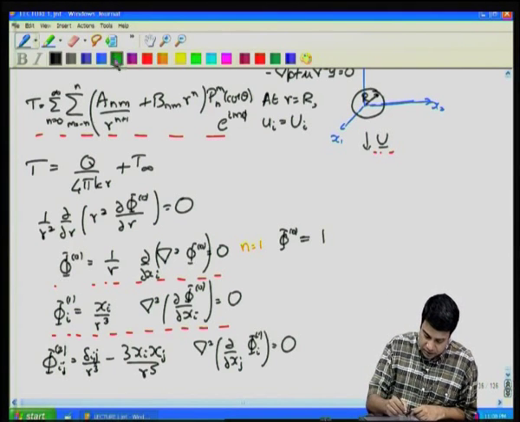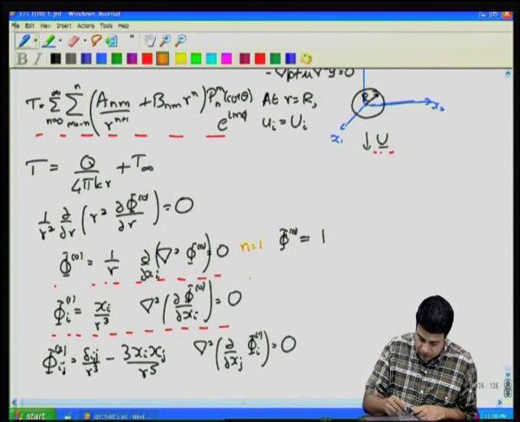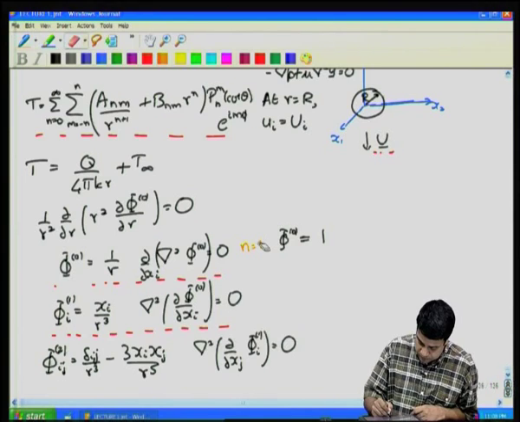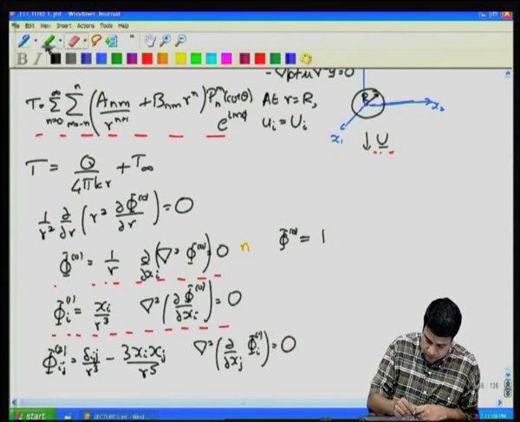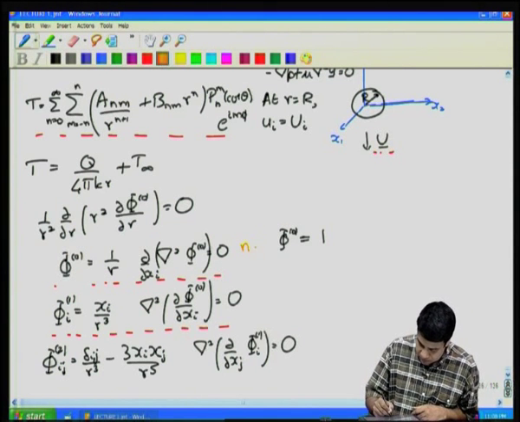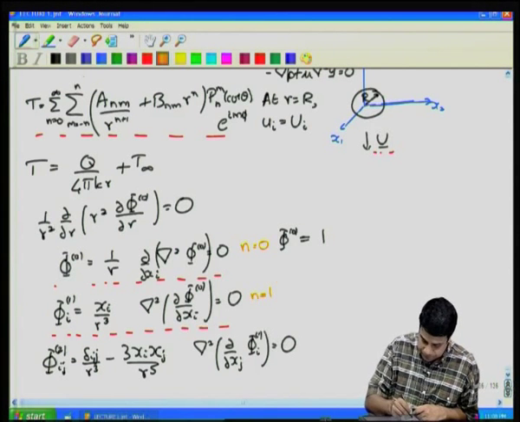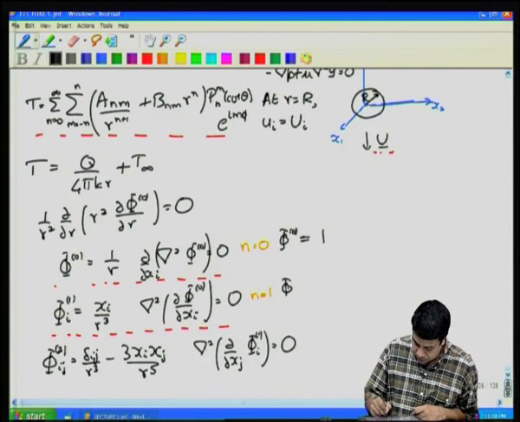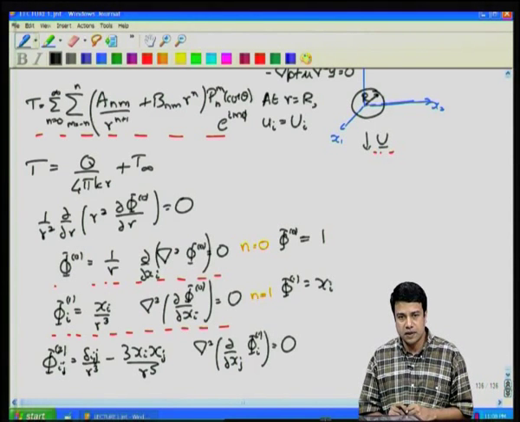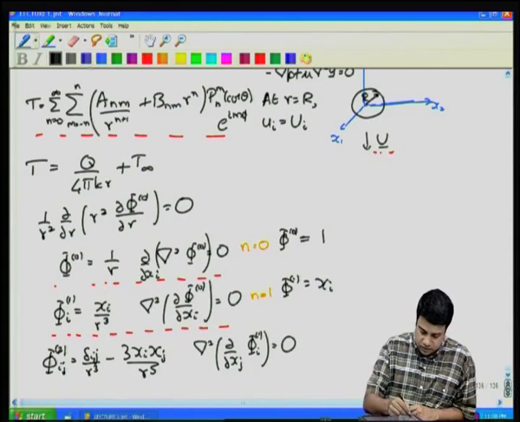Similarly, phi 1, for n is equal to 1, is x I, and for n is equal to 2 you get the next solution.